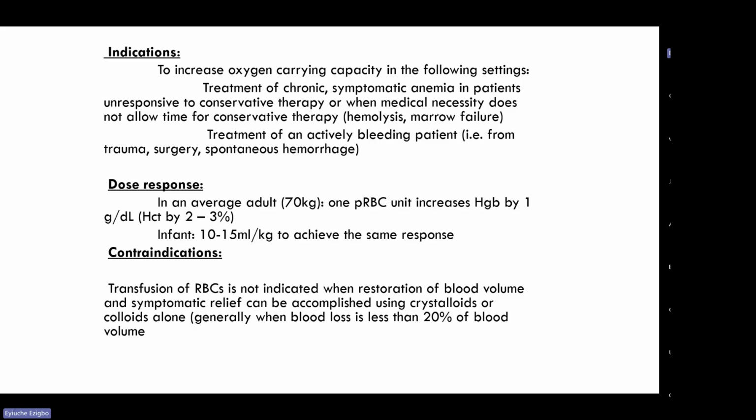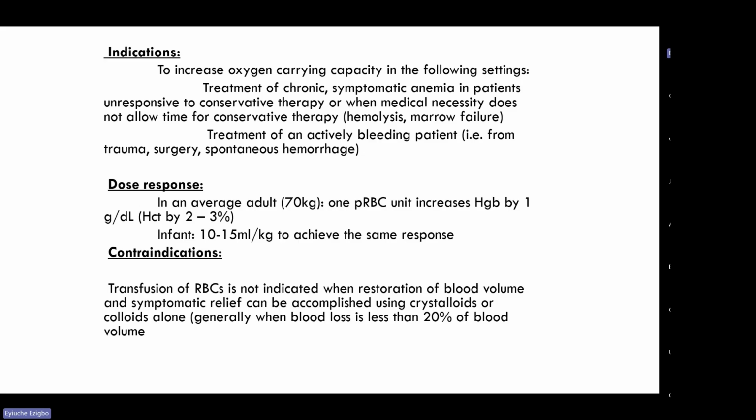The dose response, okay, this is the dose. In an average adult of 70 kg, one packed red blood cell unit can increase the hemoglobin by 1 gram per dl and the hematocrit by 2 to 3%.